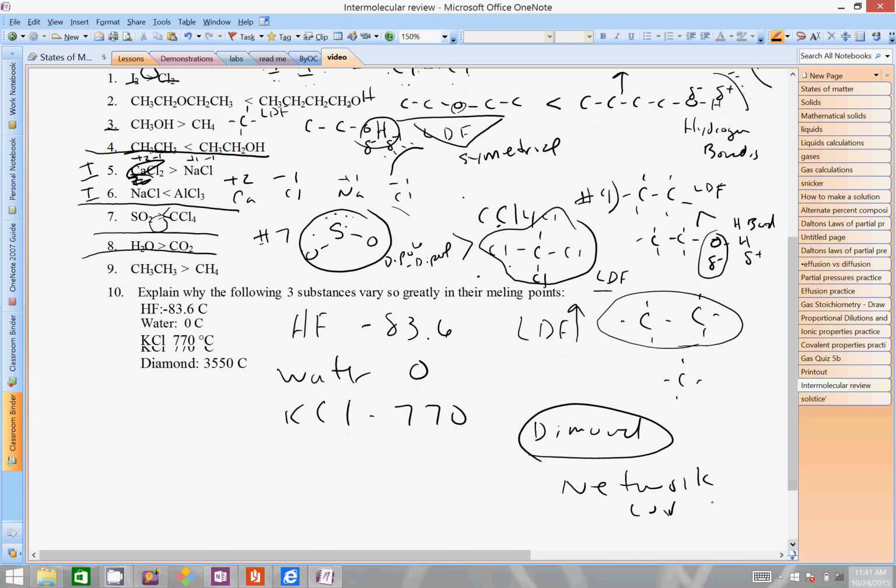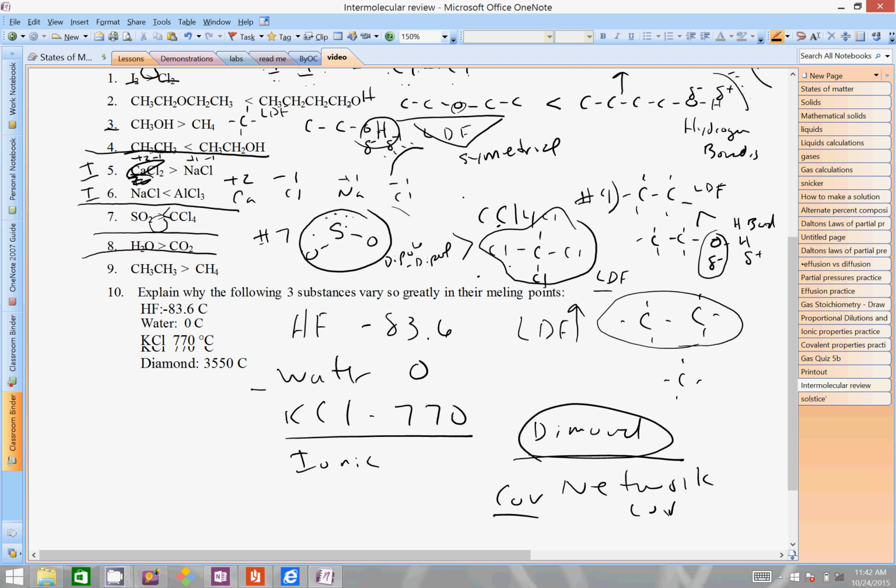Now, again, it's just a clarifying point here. When you melt something, you kind of break something. You disturb something. What you break depends on how hard it is to break. So in this case, we're breaking a diamond. We're breaking a covalent bond, which is very strong energy-wise. This guy, you're breaking an ionic bond.